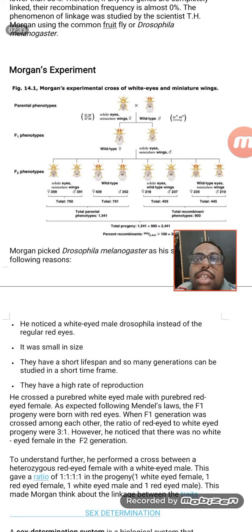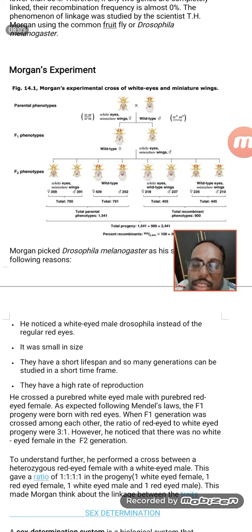And what is the reason why Morgan chose Drosophila melanogaster? The reason is the same as what Mendel did. That means easy availability, and it is very easy to grow this organism inside the laboratory. Whenever they reproduce, they give many offsprings, so we can study it very properly.